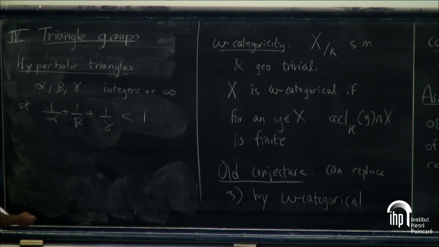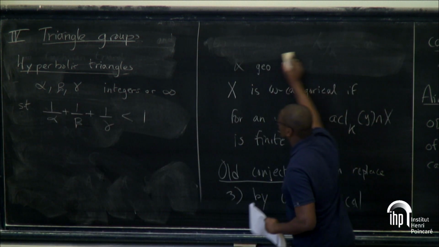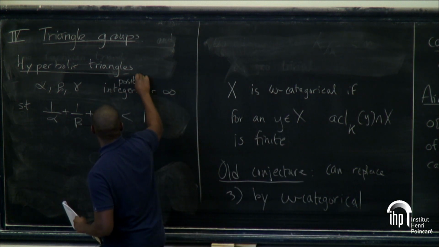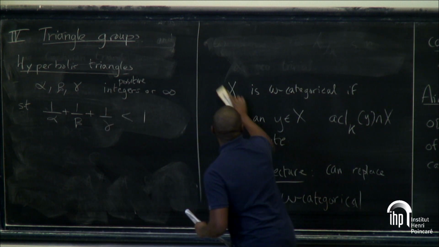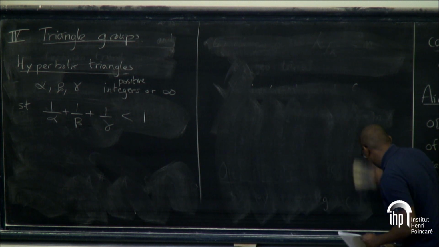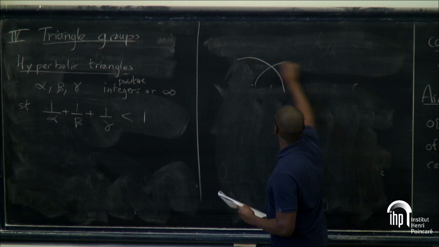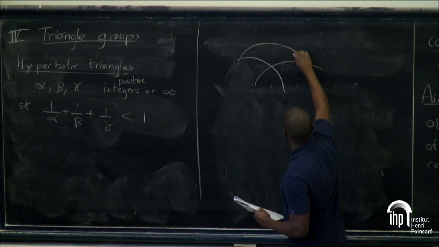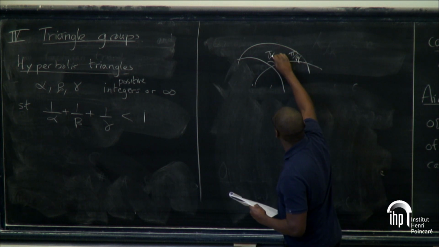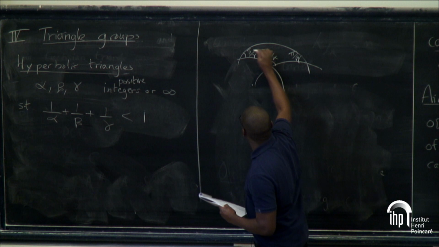And so in pictures, let me move to the board. Yes, positive, yeah. Some fun picture to draw. So pi over beta, pi over alpha, and pi over gamma.